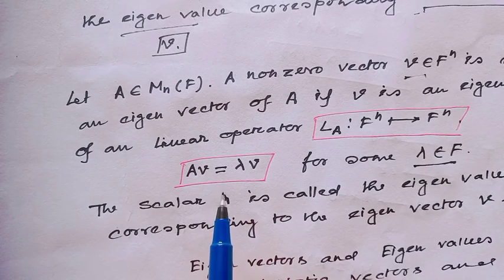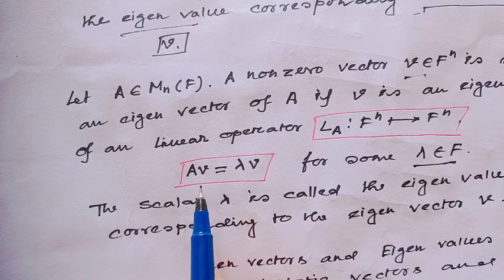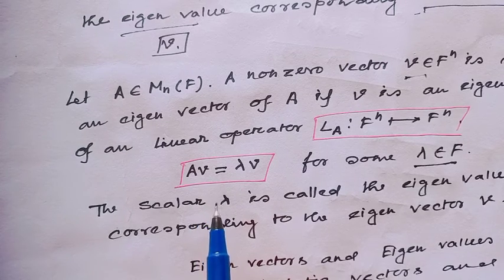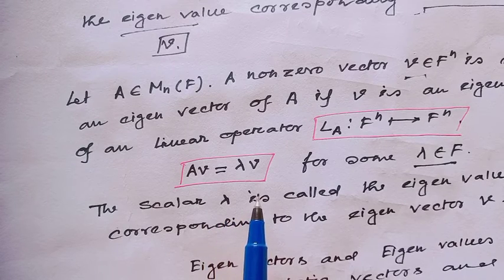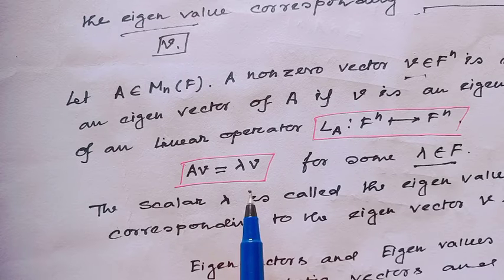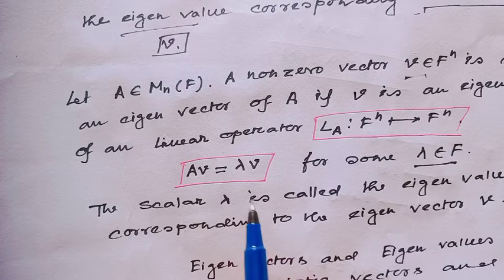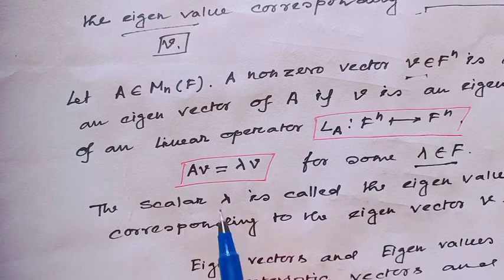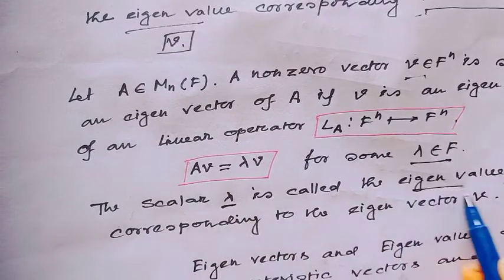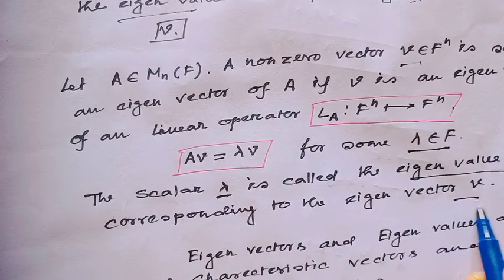Here the input is v and it acts on A, then I get the output Av. And Av equals lambda times v. That means this output would be a vector which is parallel to v. Are you getting? Then the scalar lambda is called the eigenvalue of the matrix A corresponding to the eigenvector v.